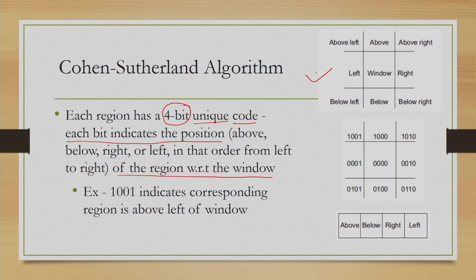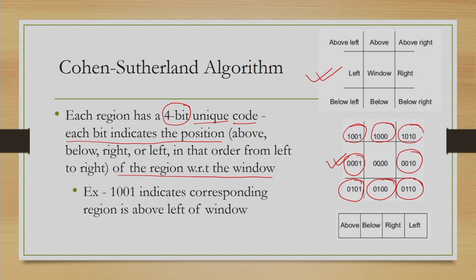Note here that each code is unique. So, above left is represented by 1001, above is represented by 1000, above right is represented by 1010, left by 0001, right by 0010, below left by 0101, below by 0100, and below right by 0110.